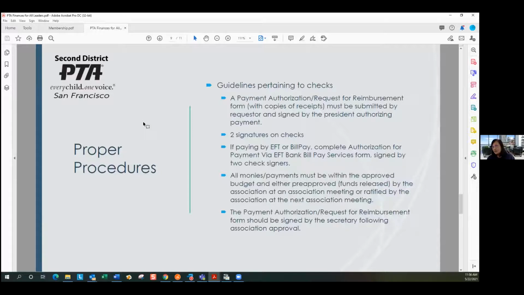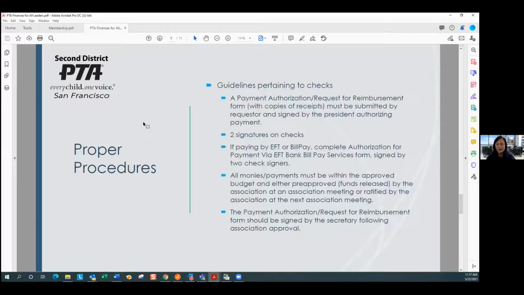And because of all this COVID situation, we've now developed a process where you can replace the check issuance with using some kind of online bill pay through your bank. But since that is initiated by one single person, you want to have an additional form called authorization for payment via EFT bank bill pay service form, signed by the 2 check signers.